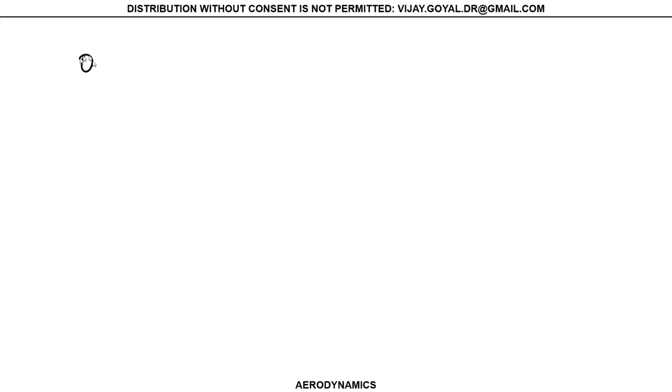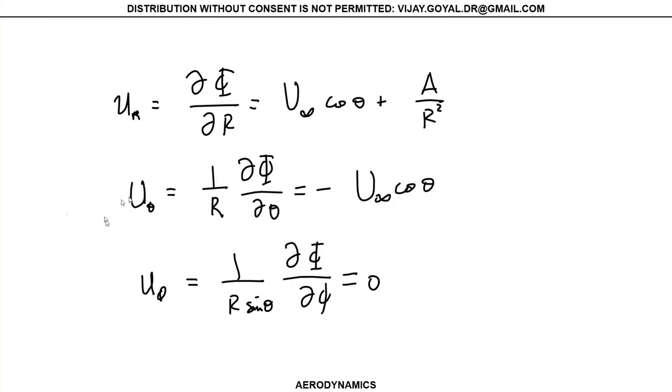So we know that theta is equal to pi and 0. Okay, so this is for the stagnation point. At this stagnation point, that means at this location u theta is equal to 0. Let's make sure that is true. So u theta, when theta is equal to 0 and pi, this has to be 0.